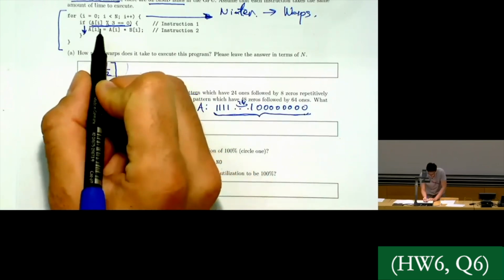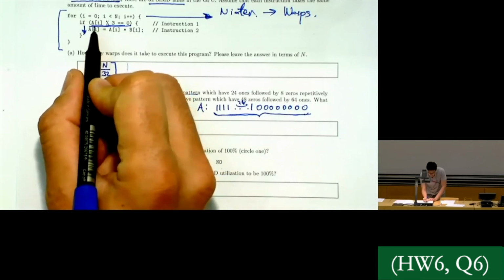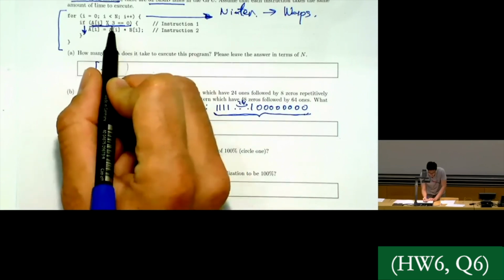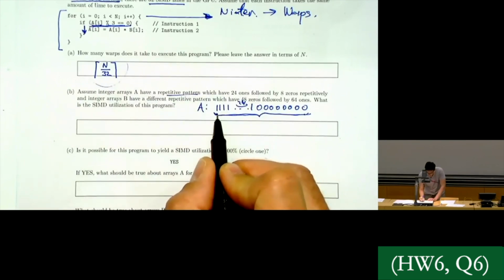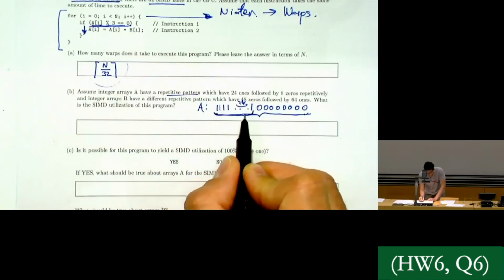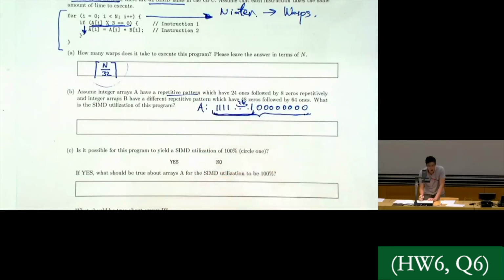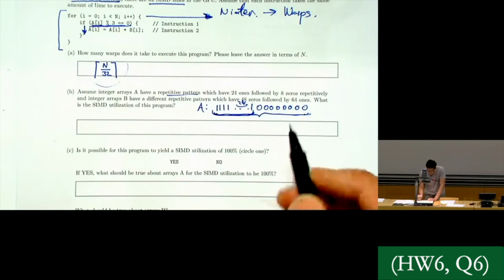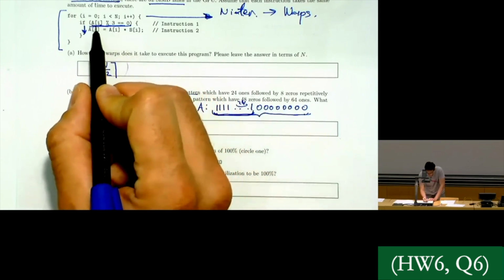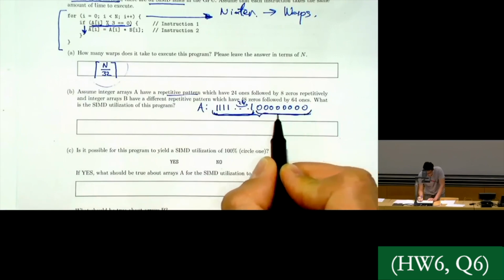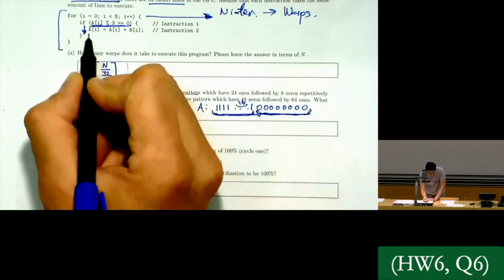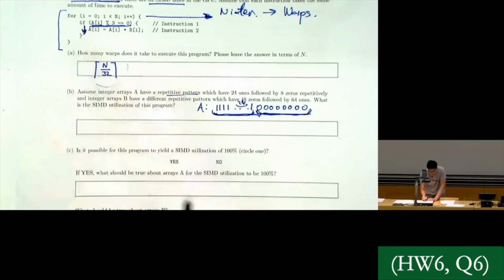And observe that here the condition is that A is divisible by 3. All these 24 ones that we have here are not divisible by 3. Only those threads that read a value equal to 0 will actually execute this statement here.